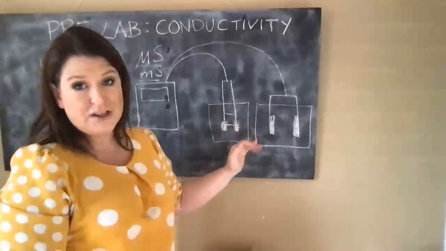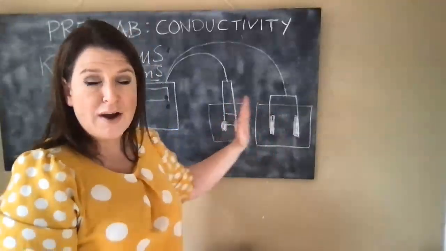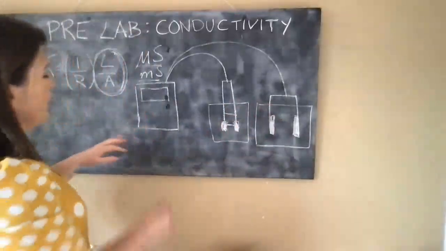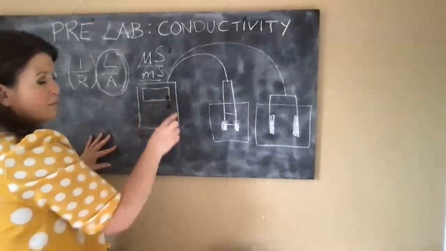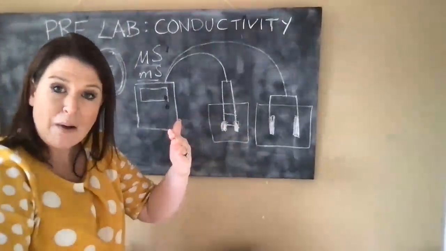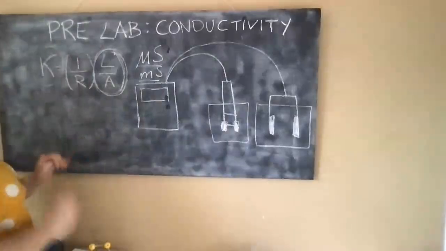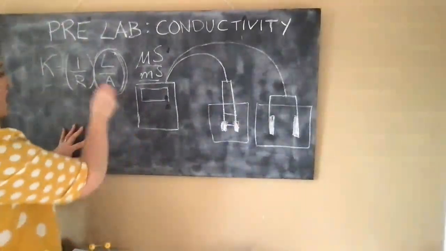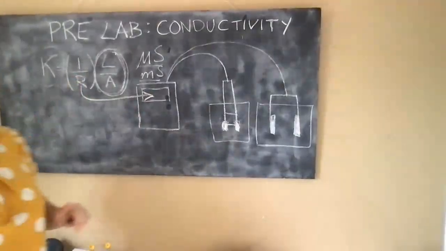Remember, the solution poses a resistance to those species going from one side to the other. So what we're looking at is not the resistance, but the opposite of how hard it is, which is how easy it is, and that is 1 over, or the reciprocal of, the resistance. So the value you get off the screen is 1 over the resistance.